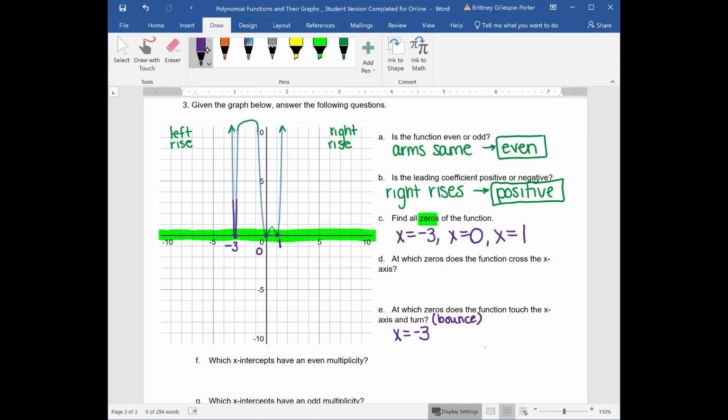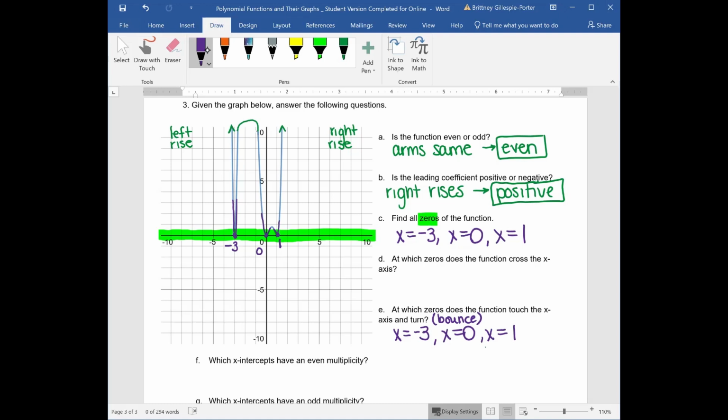Coming close to x equal to 0, starting on the left-hand side, we come down, we touch x equal to 0, and then we turn back around. Touch and turn or bounce at x equal to 0. And for x equal to 1, the left-hand side, we come down, we touch it, and then pop right back up, which means that we also touch and turn or bounce at x equal to 1.